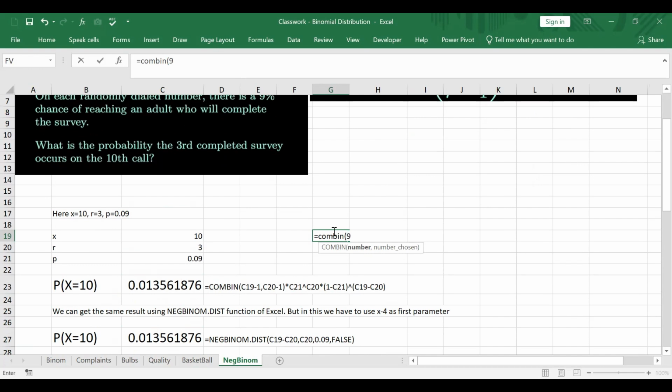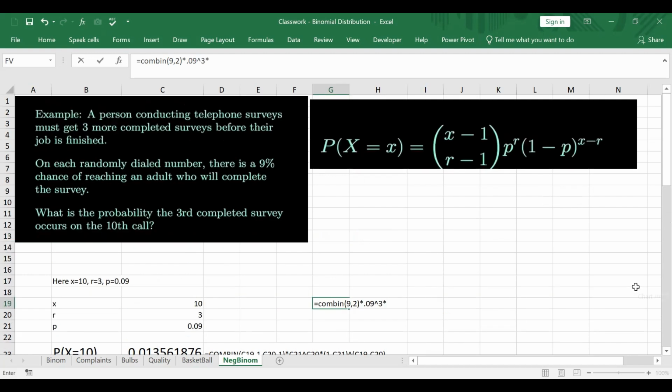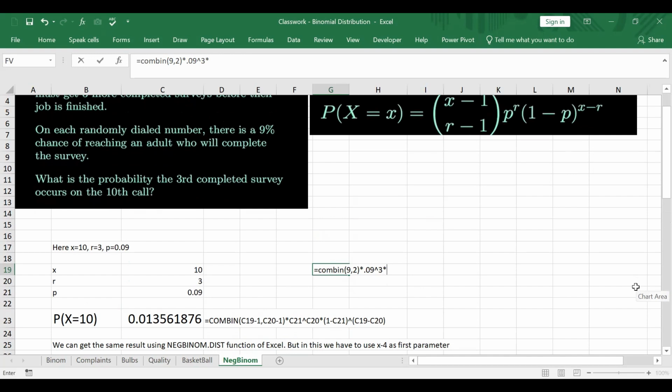So x minus 1 is 9, r minus 1 is 2. Then p to the power of r, p is 0.09, so 0.09 to the power of 3, star 1 minus p. 1 minus p is 1 minus 0.09, that is 0.91 to the power of x minus r. x minus r is 7. That gives 0.13562, the same answer. We can use either of these.